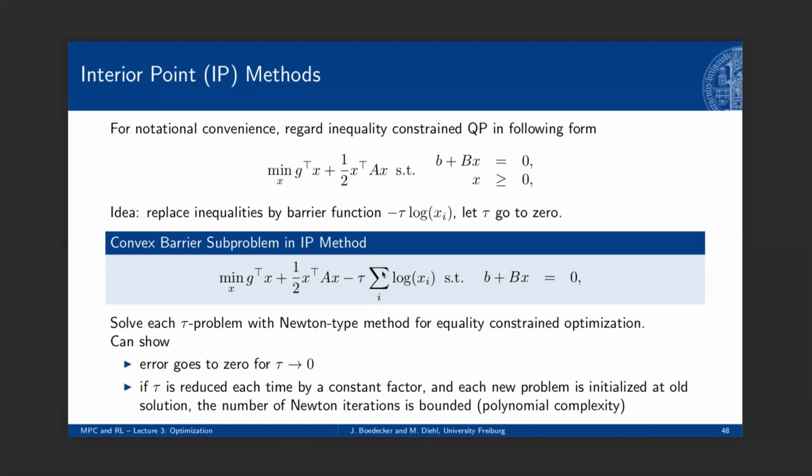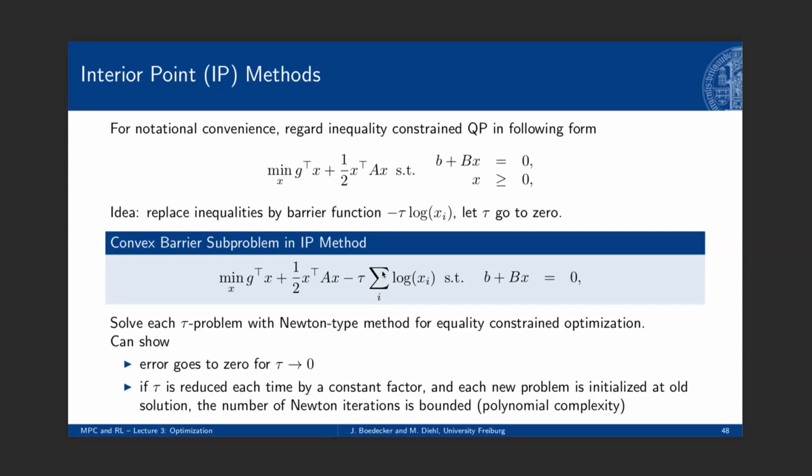So typically there's algorithms, they start with a big tau, very big tau actually. They solve this problem. This is nonlinear, right? But what is it? It's convex, right? So for a fixed tau, this is a convex problem. You can reliably solve it, find the optimizer, and that's just a few Newton steps. And then you take this optimizer, you reduce tau, and you solve the new problem for the smaller tau with the old solution as initial guess.